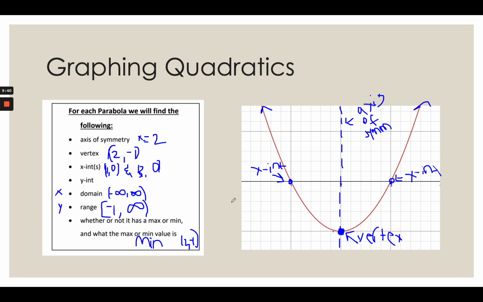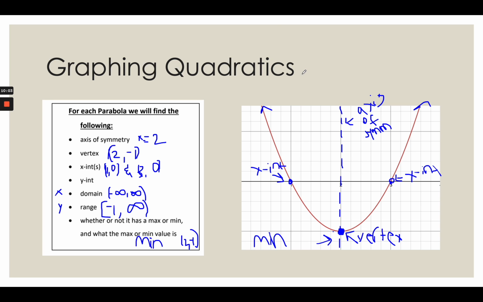Our domain, you can't see on here, but it's all possible x values, and range is the range of our y values. And this guy is also our minimum point, because there is no point lower than that.